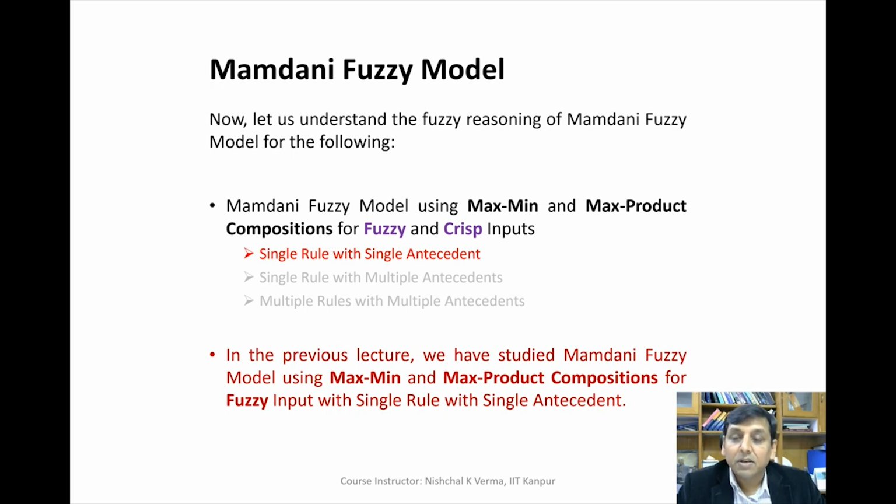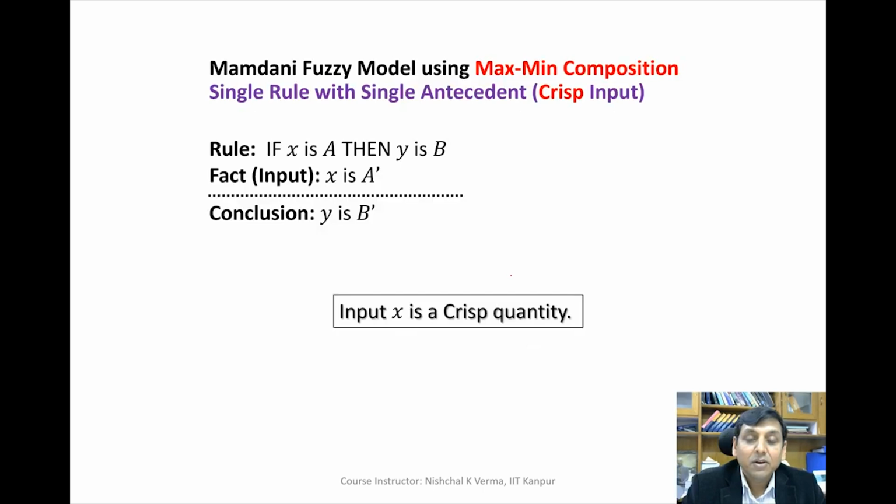We have already discussed the fuzzy input for the Mamdani fuzzy model using max-min and max product compositions in our previous lecture, for a single rule and single antecedent. Now we feed the input as a crisp value.